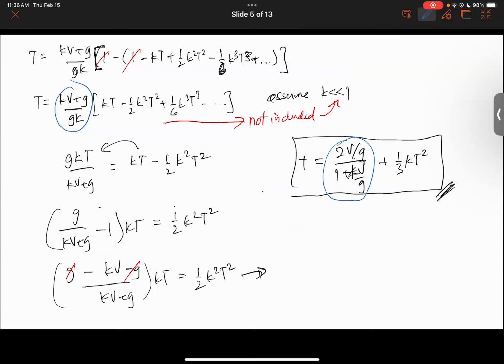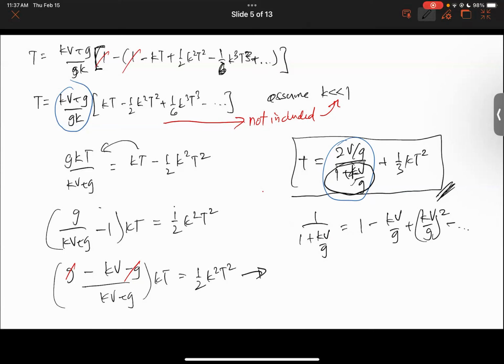Okay. And the expansion that we will use, or the one we will expand specifically, is 1 plus KV over G. So the denominator is what we expand. That is equal to 1 minus KV over G plus KV over G squared, and so on and so forth.